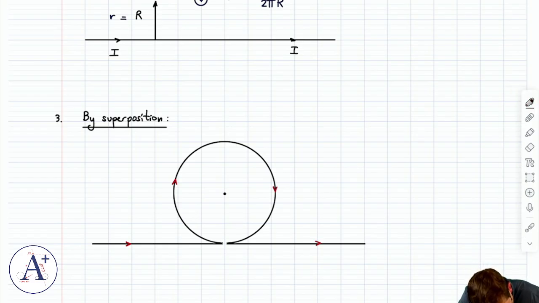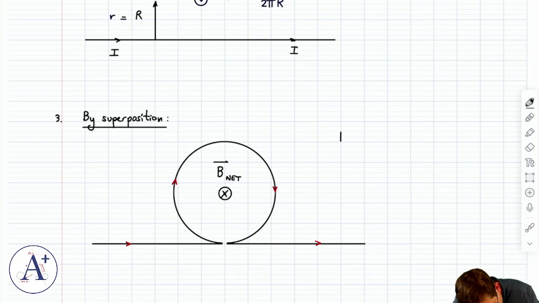B net at the center, well, it's going to depend which one's stronger. It turns out B net is probably going to point into the page because, well, you'll see why. That'll make sense. Right?